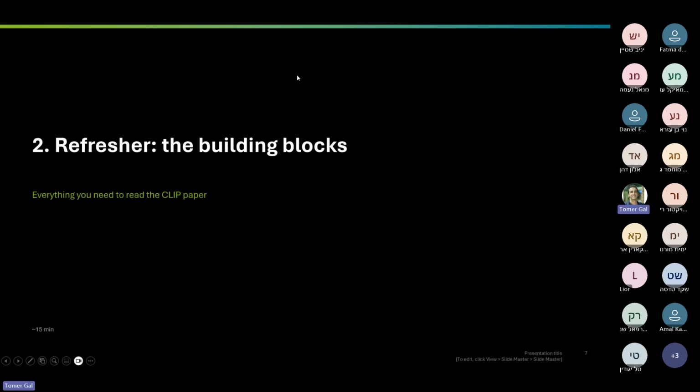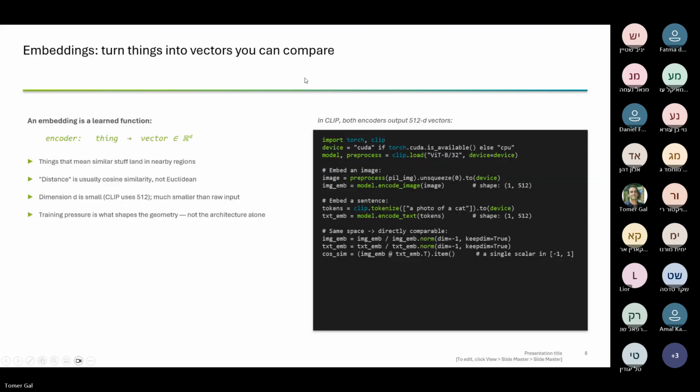So the building blocks, everything that you need to know in order to read the CLIP paper. Okay, so embeddings. One of the important aspects in the lecture overall is that an embedding is basically the mapping that we learn from the raw inputs that we have.